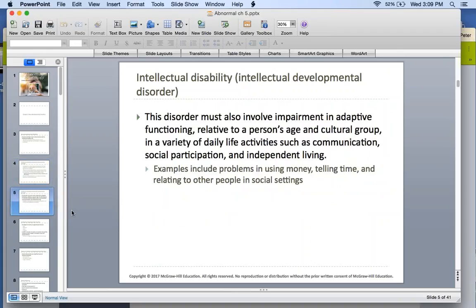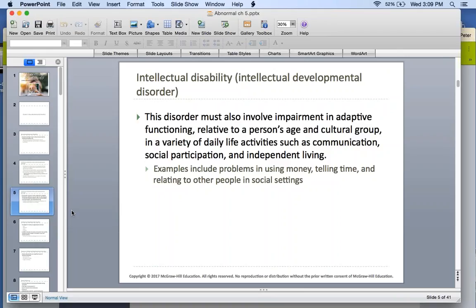Now, if you remember in the assessment section, I said you would never diagnose somebody just on one assessment, right? So we also need to look at the whole person. This disorder has to also involve impairment in adaptive functioning, and that is relative to a person's age, relative to their cultural group, and a variety of daily activities, right?